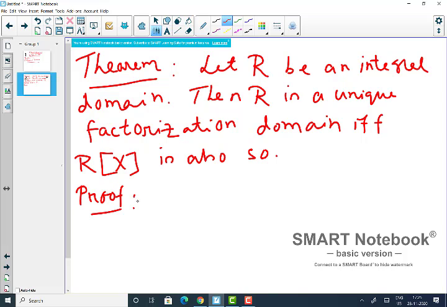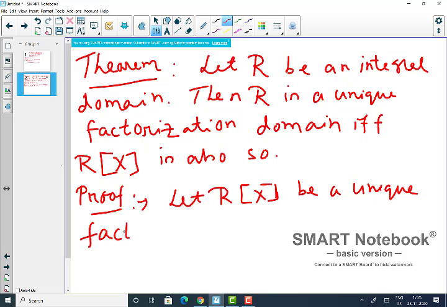You can see one part is obvious, so let me write down the obvious first part. Let R[x] be a unique factorization domain.